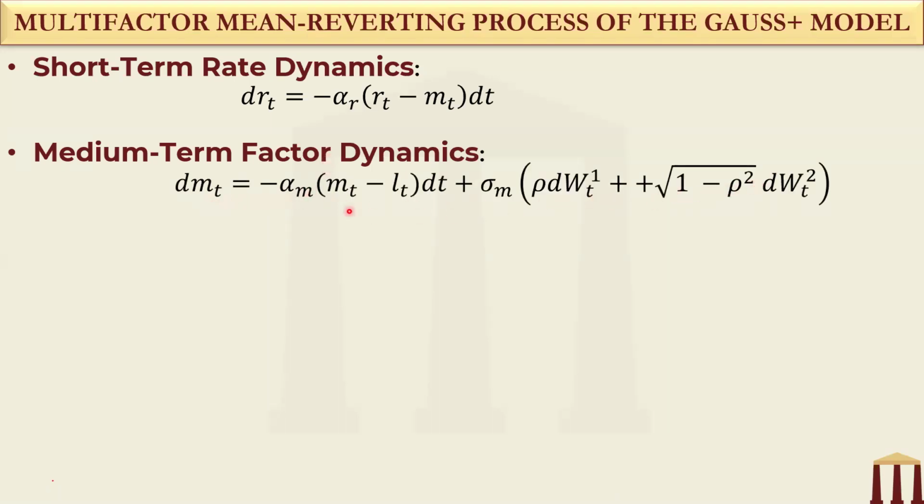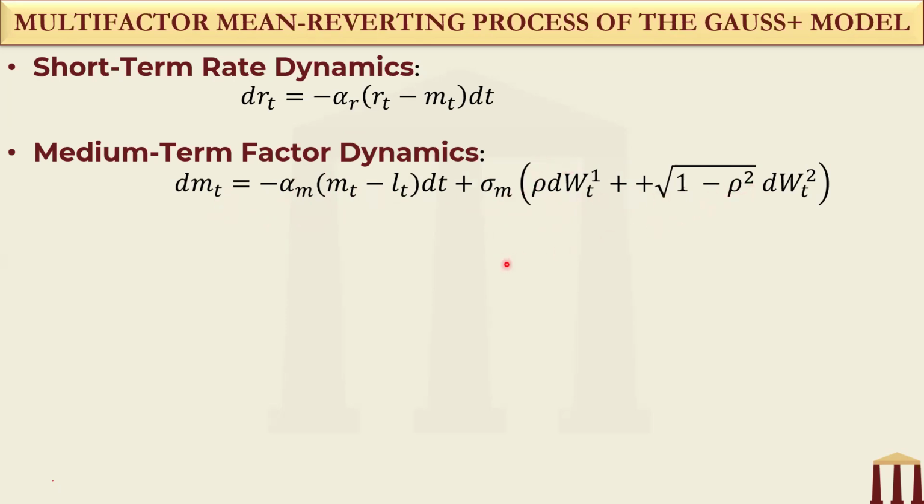This is much more complicated than the first formula. Now this medium term factor moves towards the long term rate LT with a mean reversion speed of alpha M, while also being influenced by the volatilities and some random fluctuations through these Brownian motion terms.